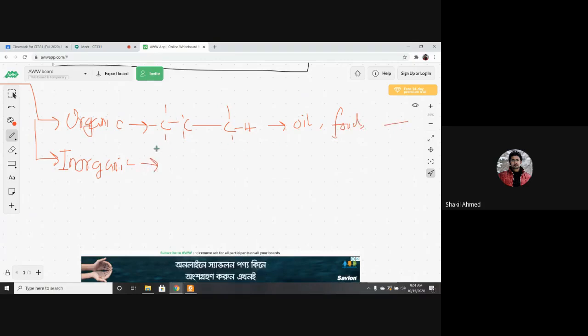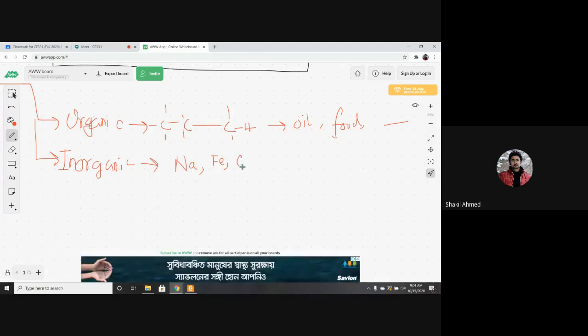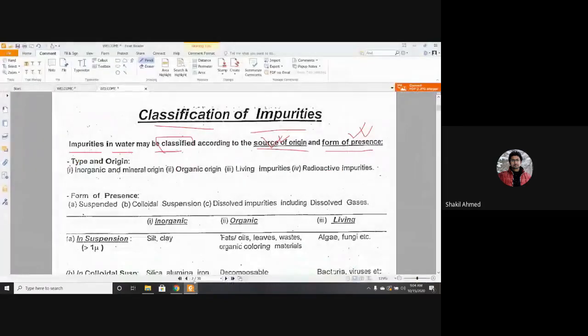What is inorganic? Which does not have this carbon-hydrogen chain. For example, as I was saying, sodium, iron, then what else, guys? Chromium, lead, arsenic, fluoride, sulfate. I can name at least 100.